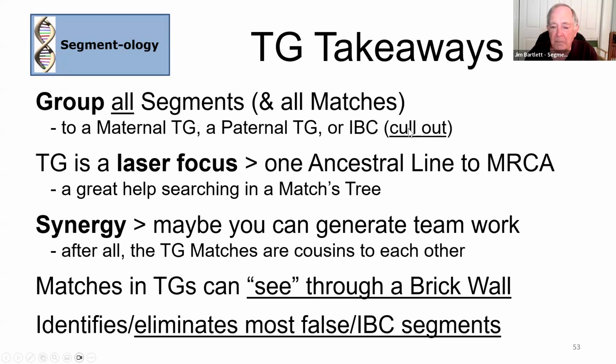This was a great help, getting rid of these people because they didn't really share a common ancestor with me. They might have been an ancestor that just didn't share any DNA with me at all and still was a cousin, but I chose not to fiddle with them. It's a laser focus on one line, and there's a synergy you wish there were.